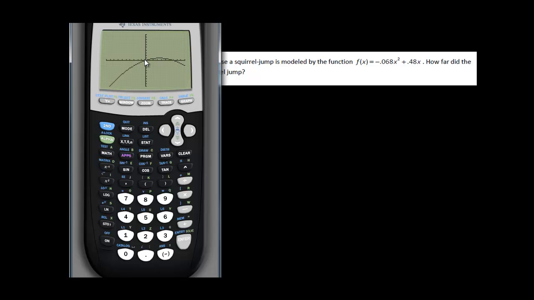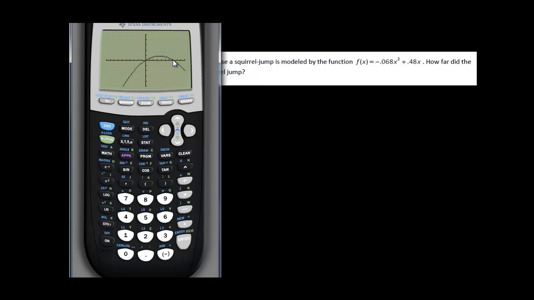So what we might want to do is limit the y values, just to focus in on this. So let's make the y values from negative 5 to 5. There, so that's a little bit better.